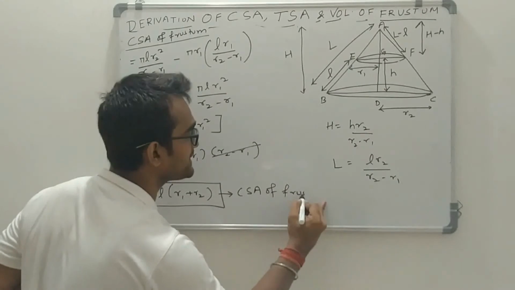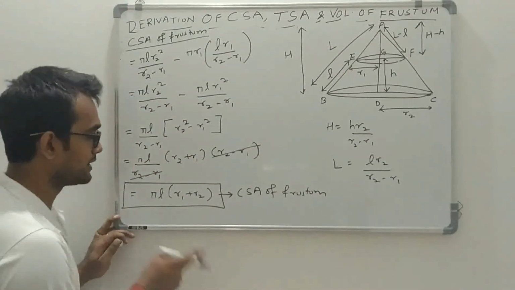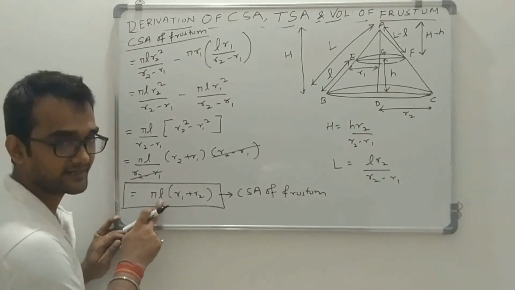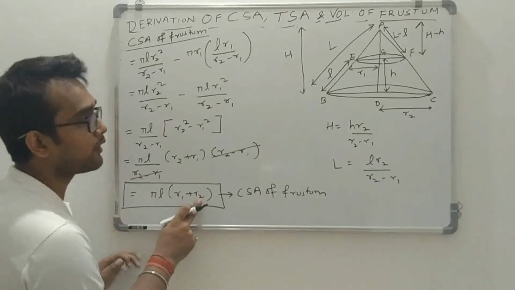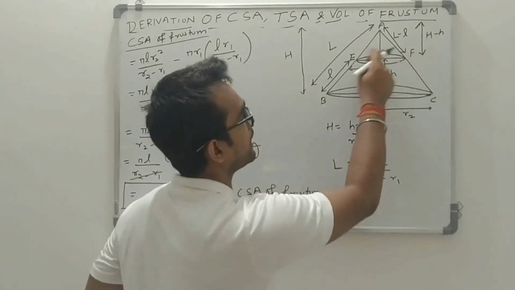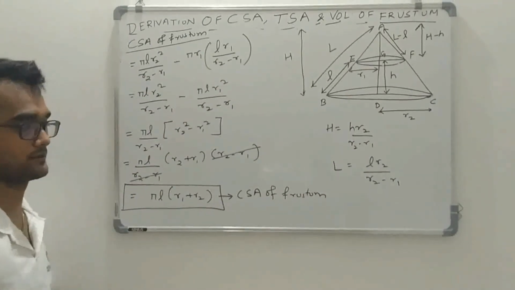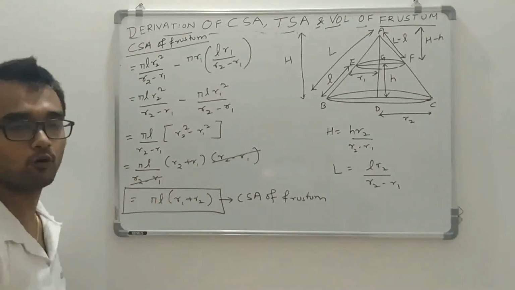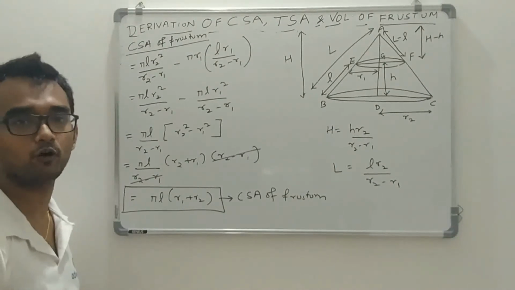In order to calculate CSA of Frustum, we will use this formula in which pi is a constant, L is the slant height of Frustum, R1 and R2 are the radii of the bases of the upper circular portion and lower circular portion.